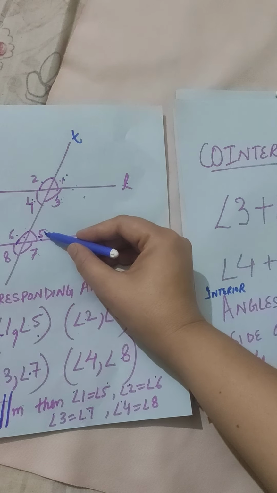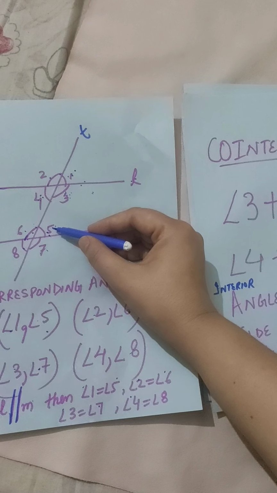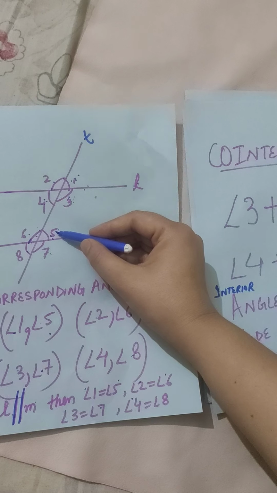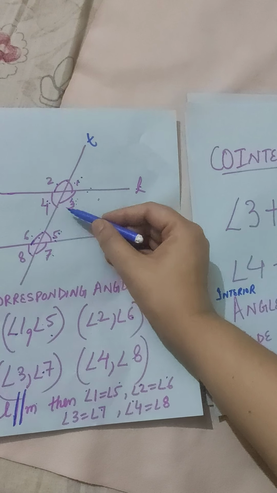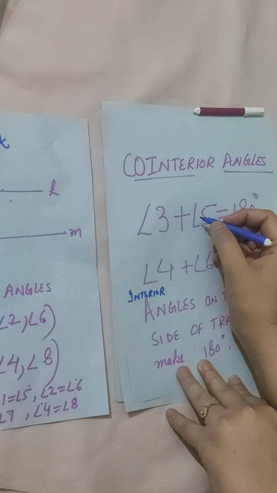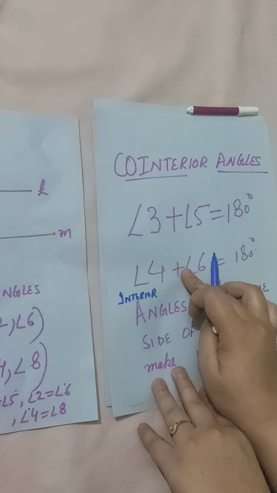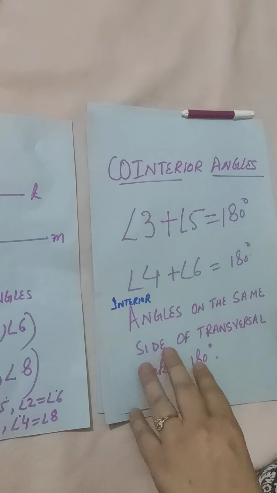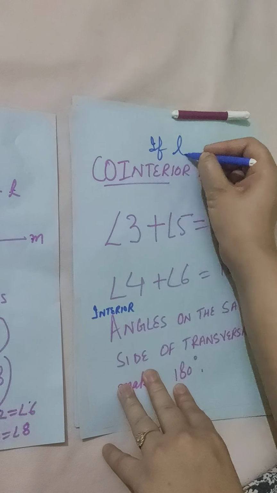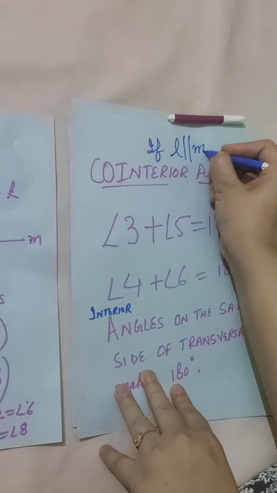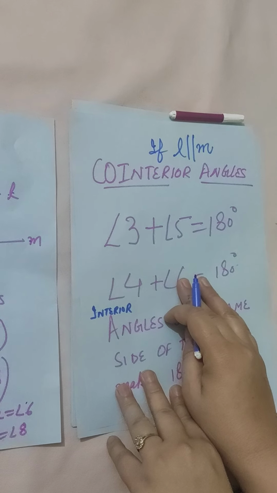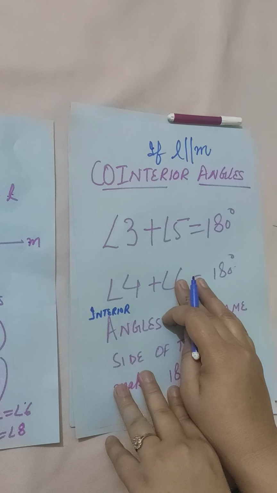Then we know that angle 5 will be 60 because 120 plus 60 makes 180 degrees. In this way we can find the angles. These conditions all hold if lines L and M are parallel.